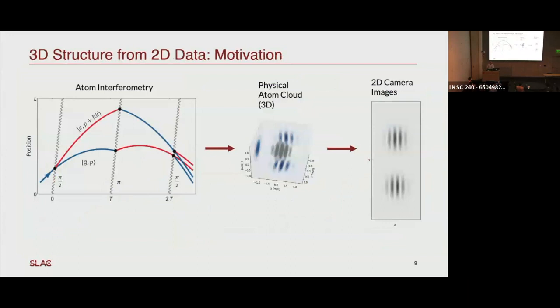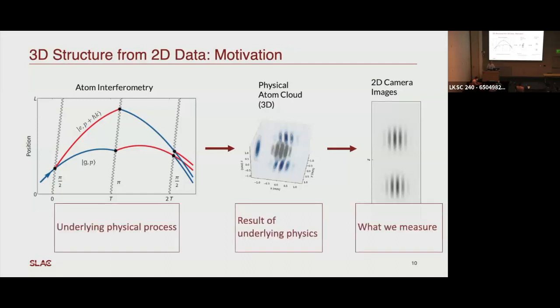On this first point, inferring 3D structure from 2D data, the motivation is the atom interferometry context. Don't worry too much about the physics details, but basically we've got some underlying physical process, the thing on the left, and that results in a physical atom cloud, which is happening in 3D. So the 3D space is really where the physics is happening.